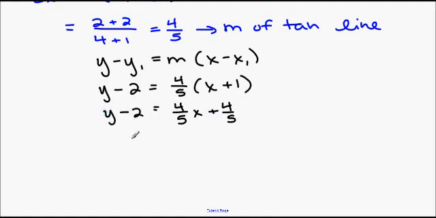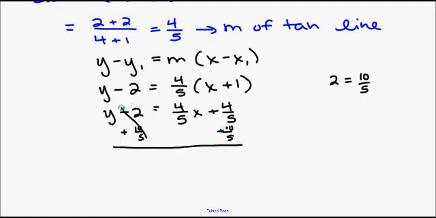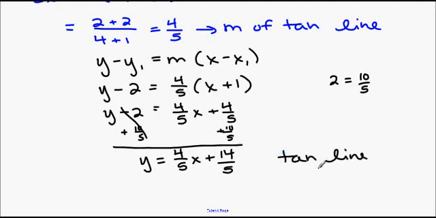I'm going to add 2 to both sides, and 2 is really equal to 10/5. So I'm going to add 10/5 to both sides. So y equals 4/5 x plus 14/5. Okay, so this is the tangent line. This is your equation of the tangent line.